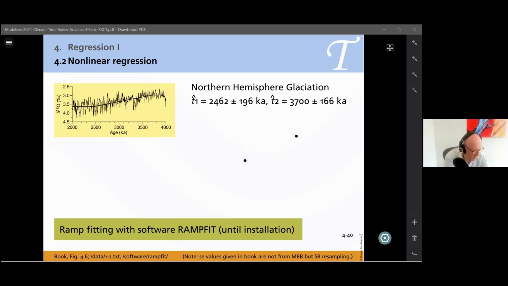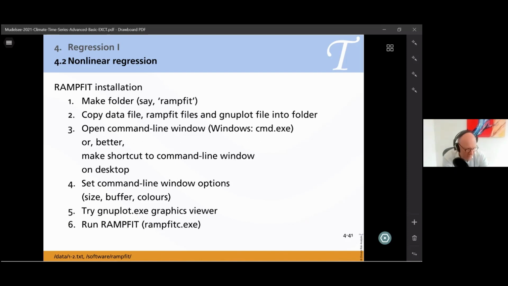So I will go to the next slide. And we saw that you have already the folder which contains RampFits and the data file and the RampFit software files and also the GNU-plot graphics viewer file. These are already inside. Then I gave you a link to the Windows command line cmd.exe.